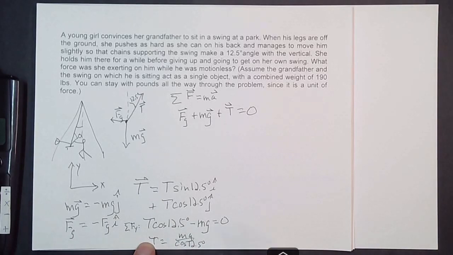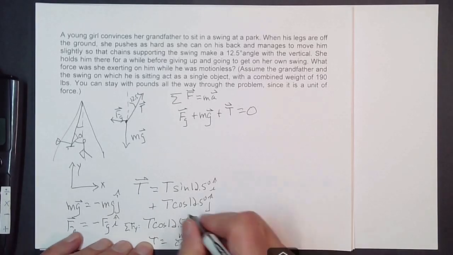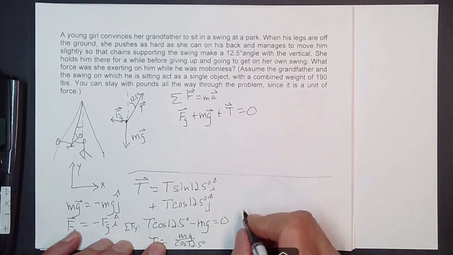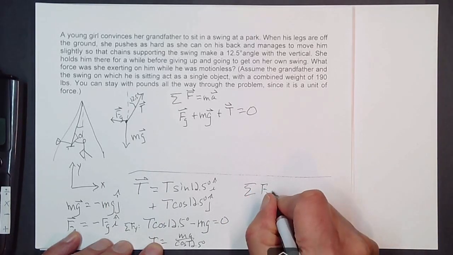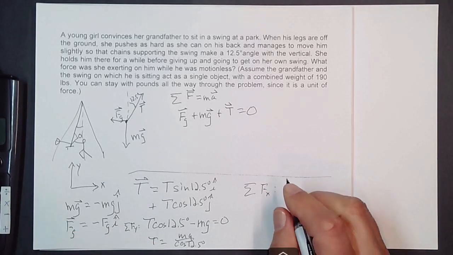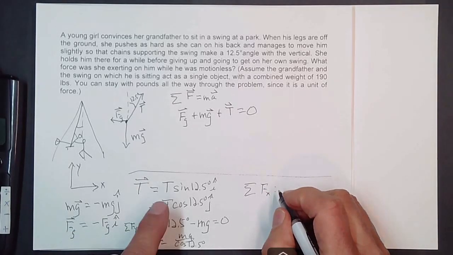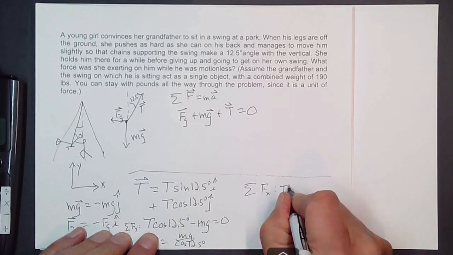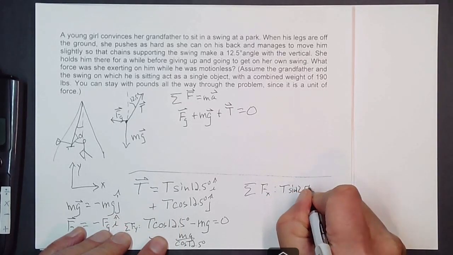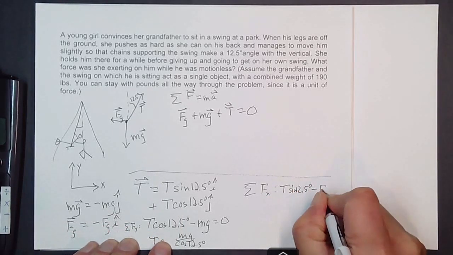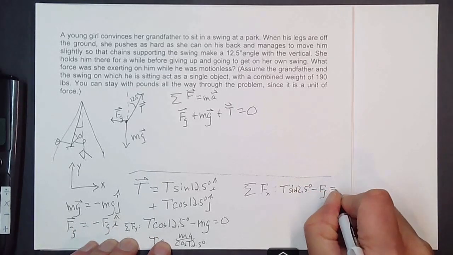And then, if we look at the sum of the forces in the x direction, we will have the tension times the sine of 12.5 degrees minus the force that the girl exerts, and those will equal 0.